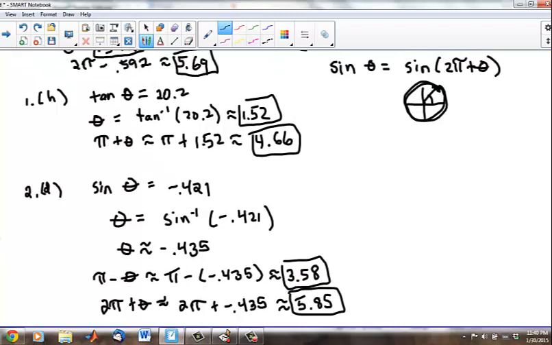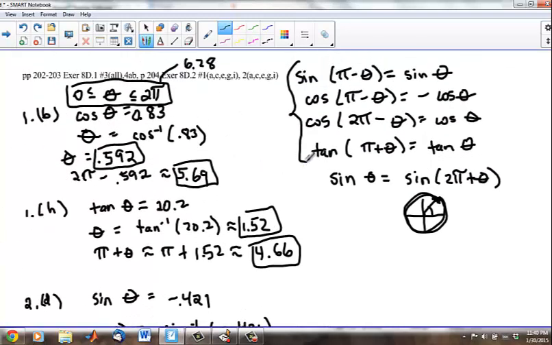So when you do the other problems, you're going to have to take a look at these identities and choose the one that allows you to get a theta between 0 and 6.28. Sometimes you're going to take theta and subtract it from pi if you're talking about sine, or you can take theta and add 2 pi.